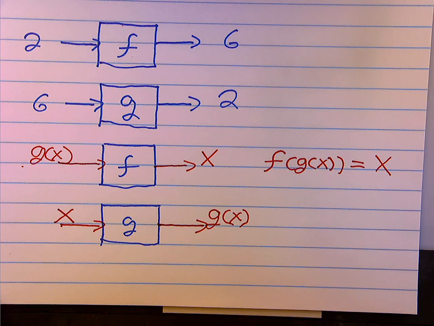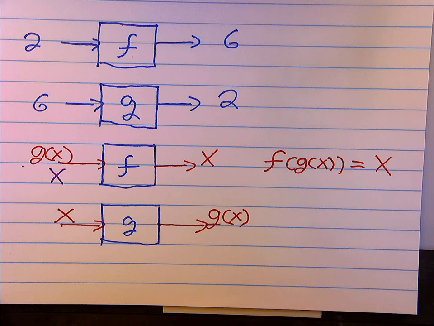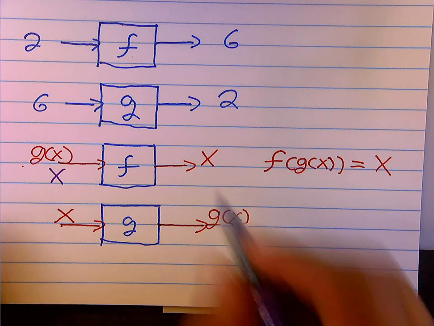The other way that we can look at this procedure, take an input into F of X. What's going to come out of F of X?